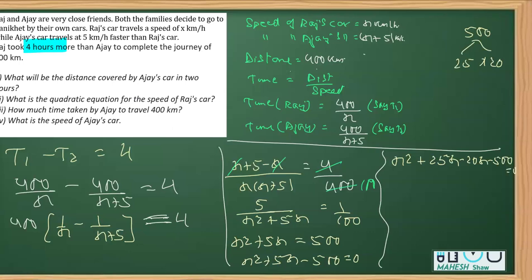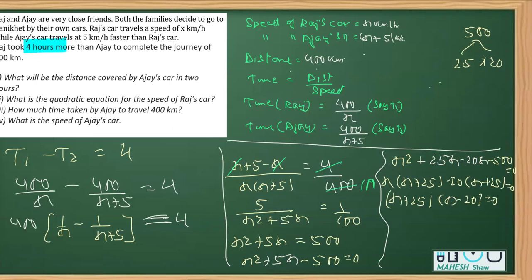What I did here is that I split this positive 5x as 25x minus 20x, by middle term splitting. If I take x common, I'll get x plus 25, and if I take minus 20 common, it's going to be x plus 25. So we have (x plus 25) into (x minus 20) equals 0.